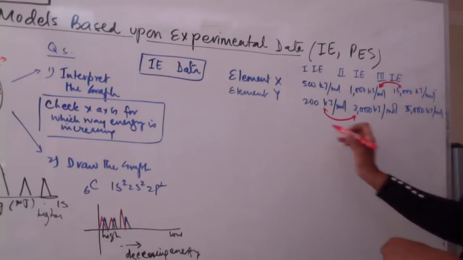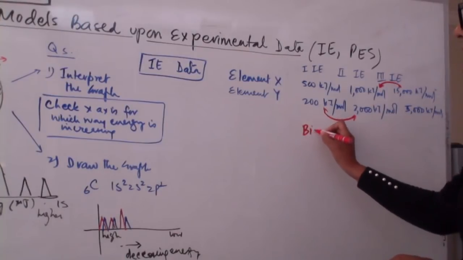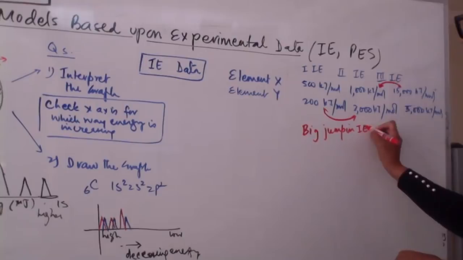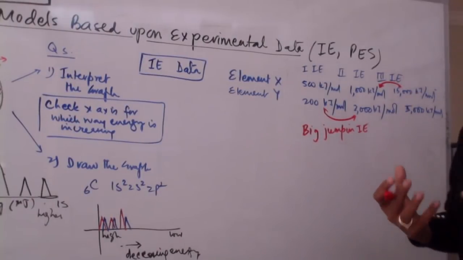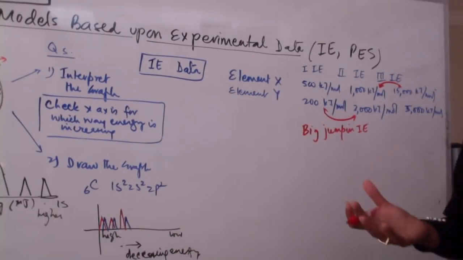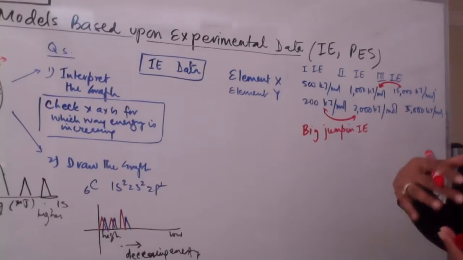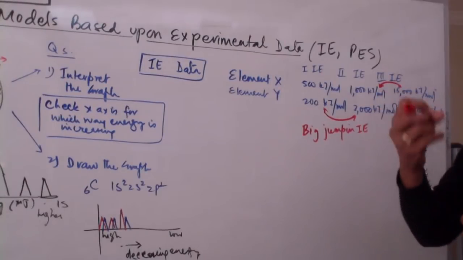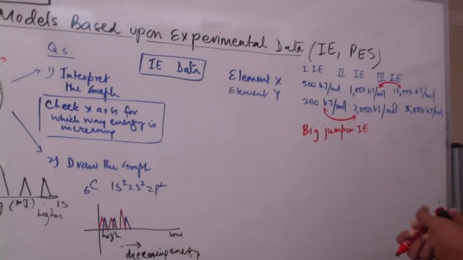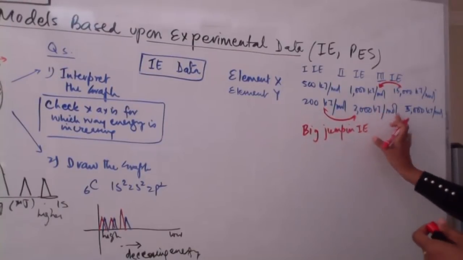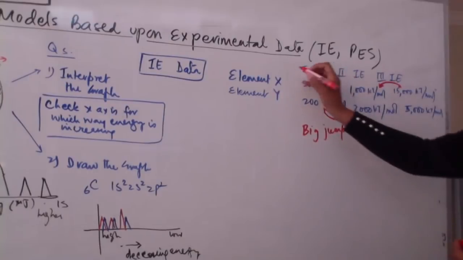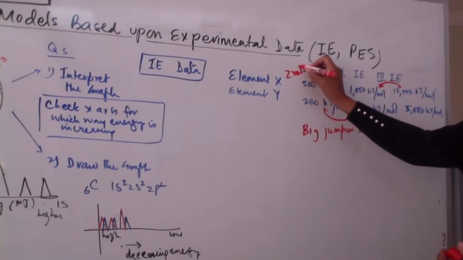So you are really looking for the big jumps in ionization energy. The big jump indicates that you have removed all the valence electrons, and now you're getting to the core electron, because core electrons experience a much higher effective nuclear charge. So to remove them takes that much more energy. And that is the only data you can glean from something given like that.